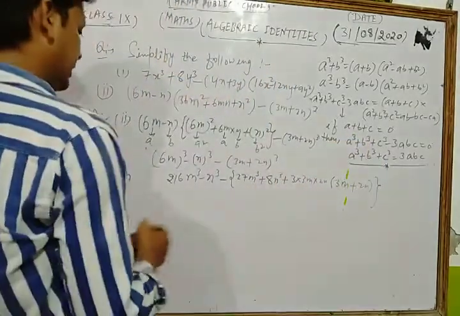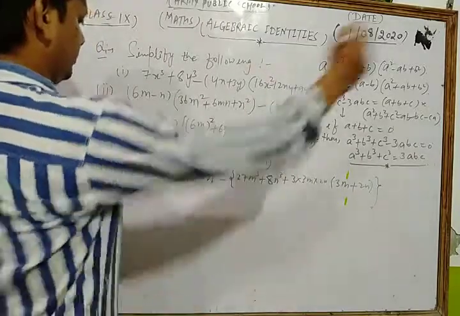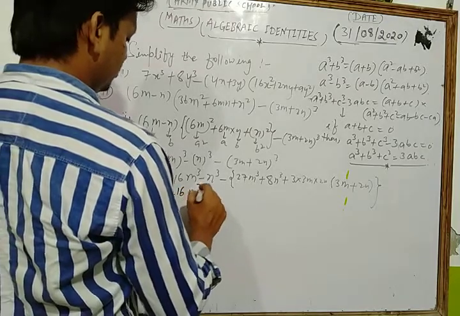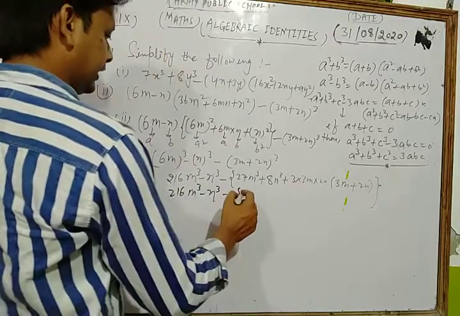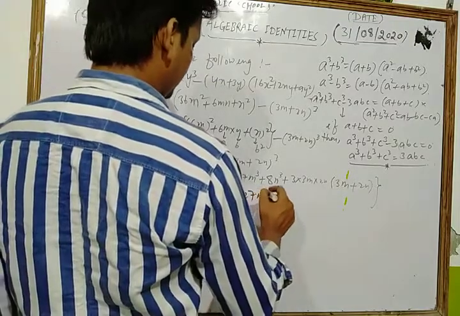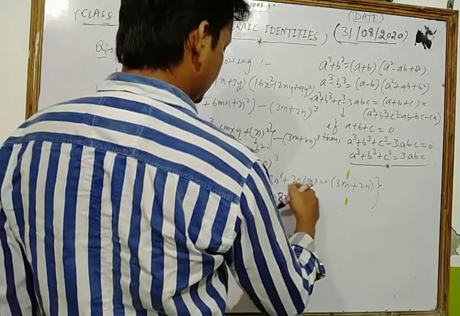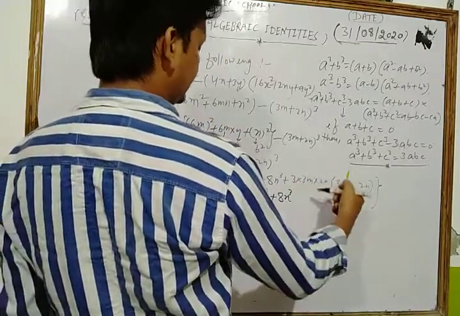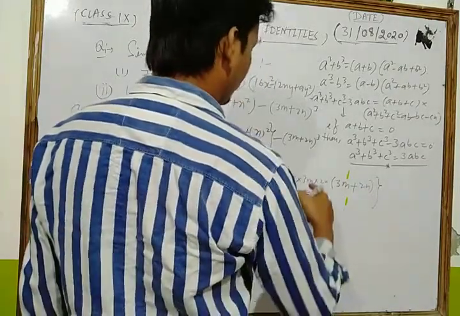Now we simplify that expression. We get 216m cube minus n cube minus in bracket 27m cube plus 3 3 is 9, 9 2 is 18, 18 3 is 54, plus 54m square n.